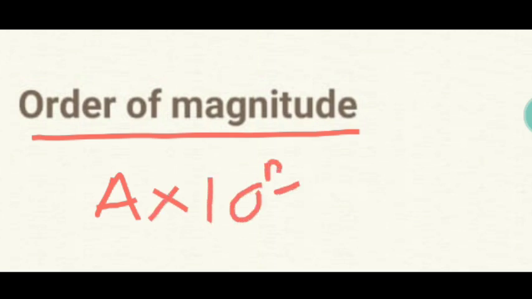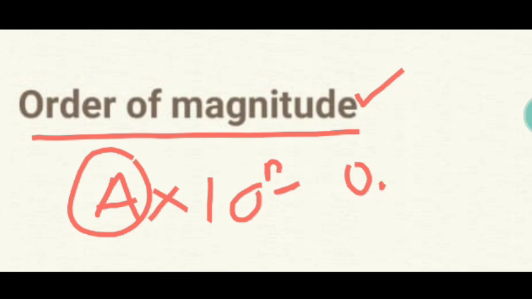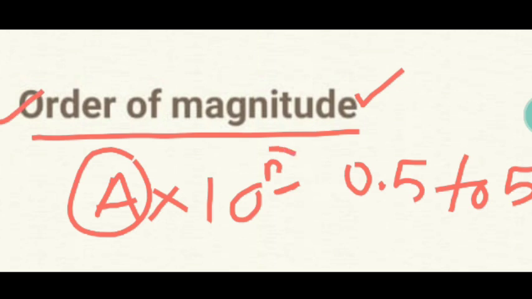Then this n can be said to be the order of magnitude if this a is in between 0.5 to 5. So if n is the order of magnitude, then a should be in between 0.5 to 5.